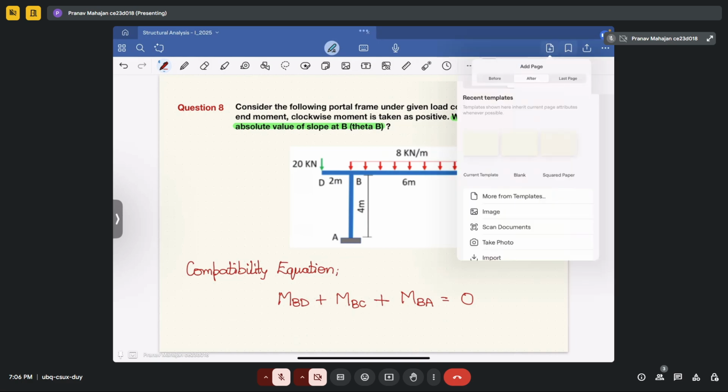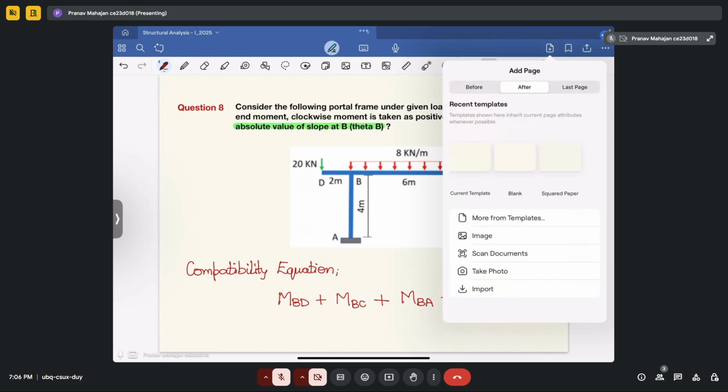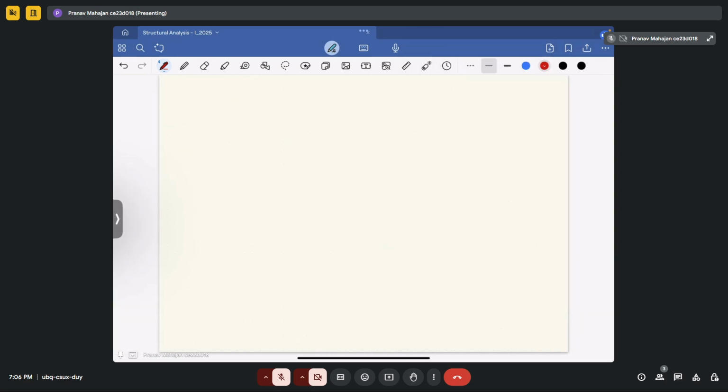So let's solve for this. So first we have MBD. So your MBD is simple for you. It will give you a hogging moment of 40 kilonewton meter.